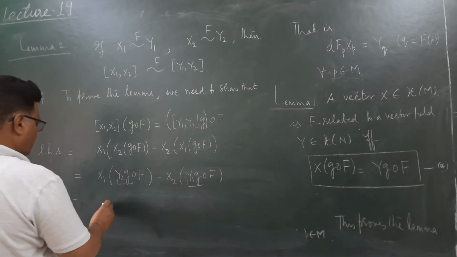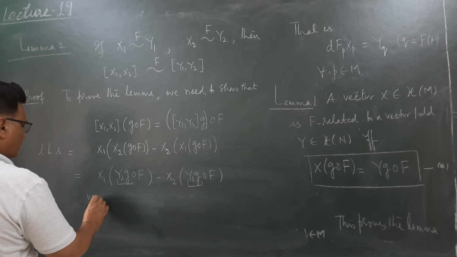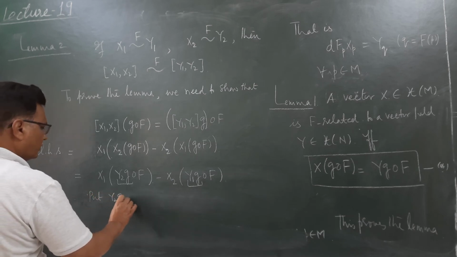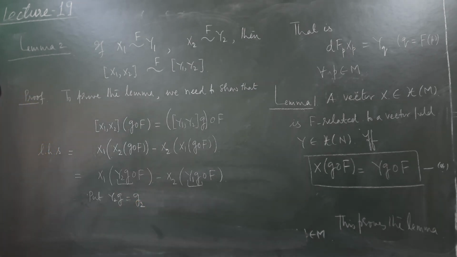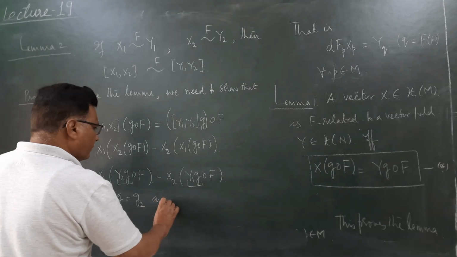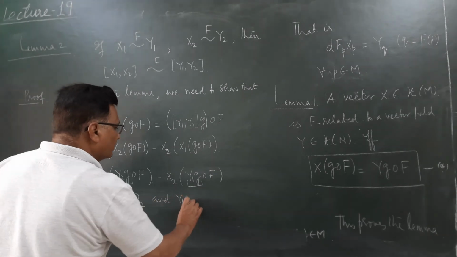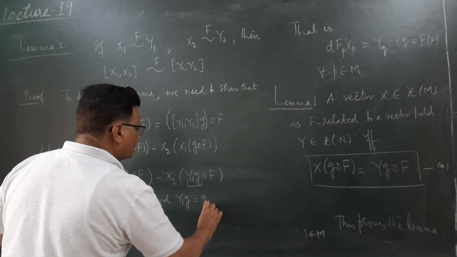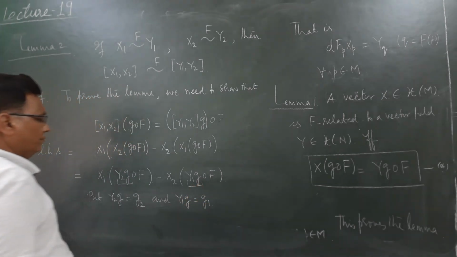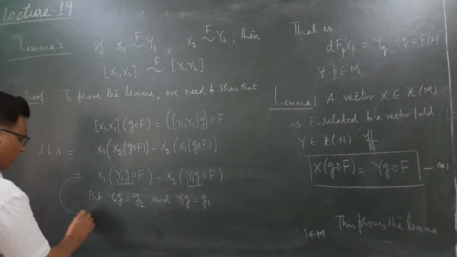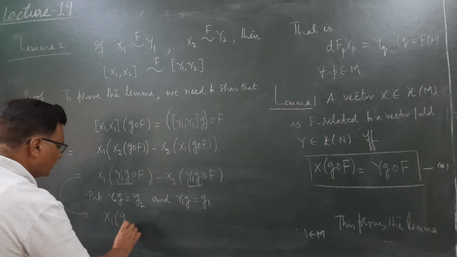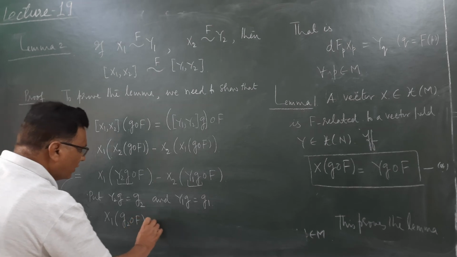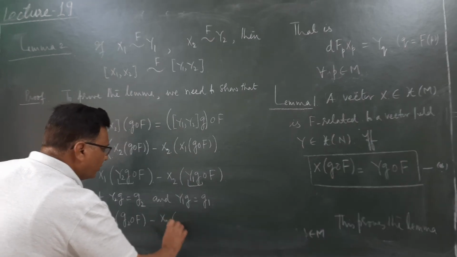So write or put y2 G equal to g2, a real valued function on N, and y1 G you put as g1. Okay, so this relation becomes x1 operating on g2 composition f, minus x2 operating on g1 composition f.